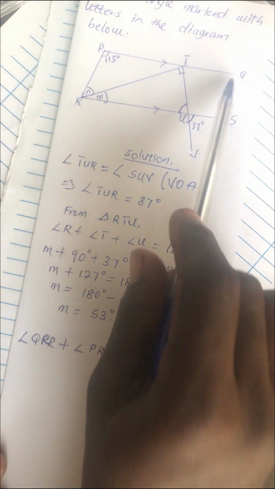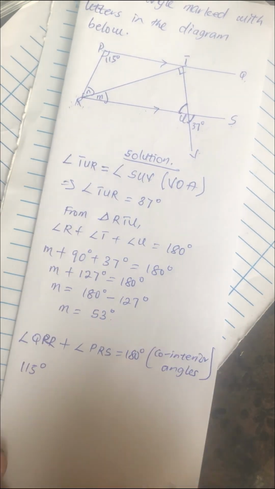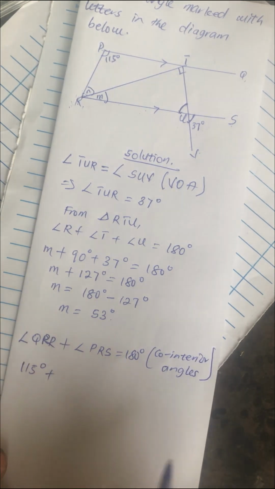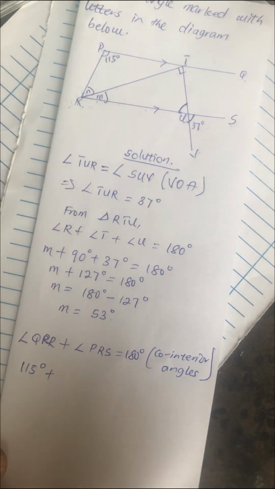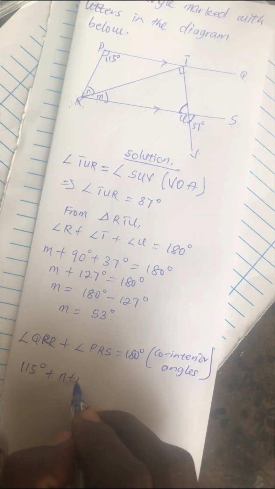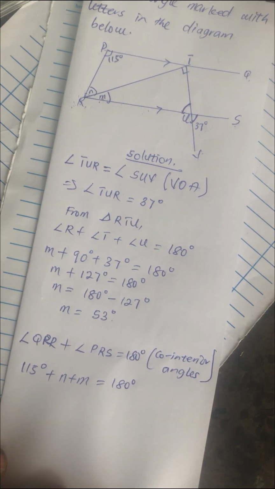Angle QPR from the question is given as 115 degrees. Angle PRS from the question is made up of N and then M. N plus M, all summing up to 180 degrees.